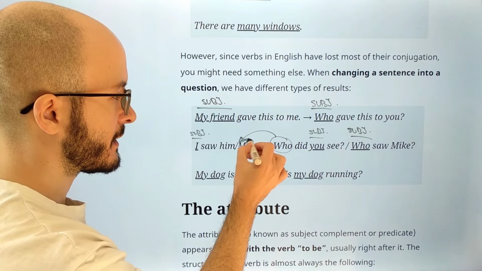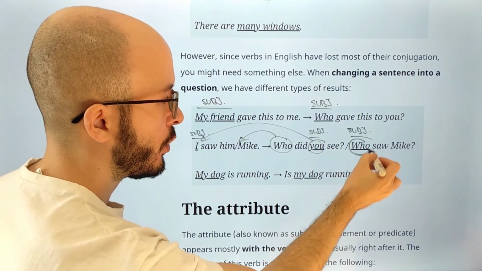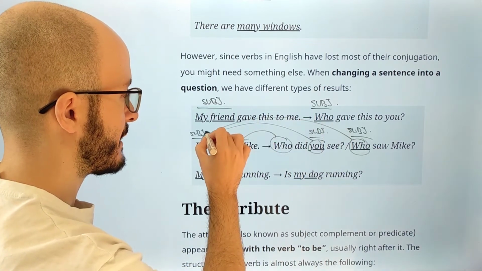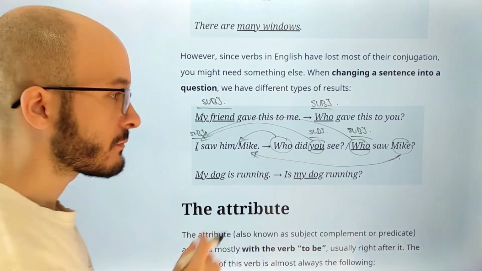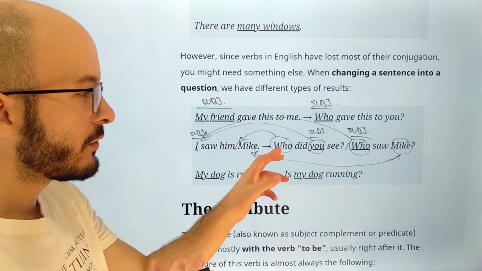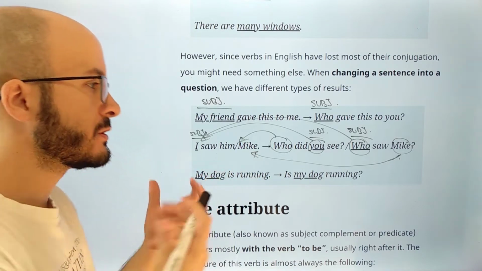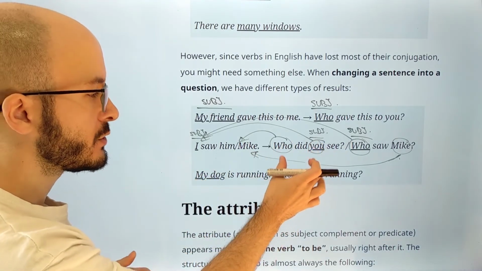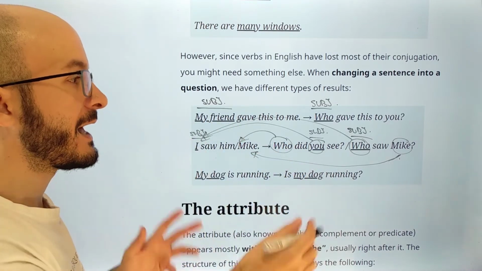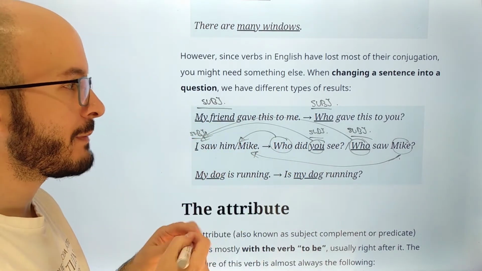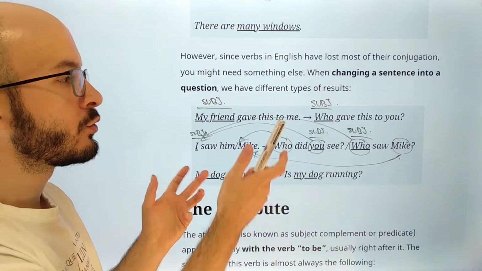This refers to Mike, and this you refers to I. But here, who refers to I, because of course Mike refers to Mike. So depending on the angle, what we are exactly asking about, we might be asking about the object, or we might be asking about the subject.